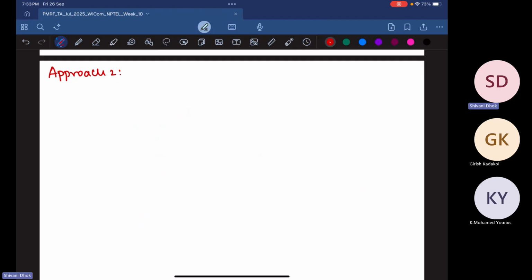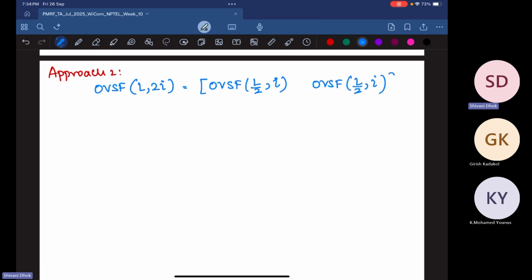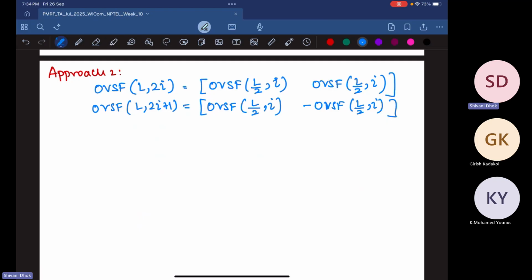And in this approach 2, what we have is the OVSF of length L and indexed at 2I is given by OVSF of L by 2, I, and OVSF of L by 2, I. Then this OVSF of L, 2I plus 1 is given by OVSF of L by 2, I, and minus of OVSF of L by 2, I. Okay, so this is what we have.